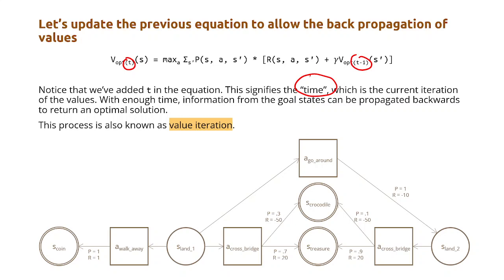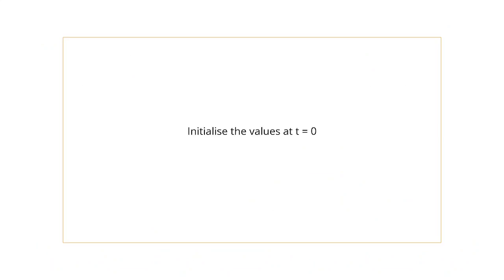So basically, the algorithm of value iteration is just to repeat the process of calculating the values until the values do not change anymore. So that's what we call the convergence, which I will show in a while. Okay. So for the first iteration, at t is equal to 0, we initialize the values to 0.